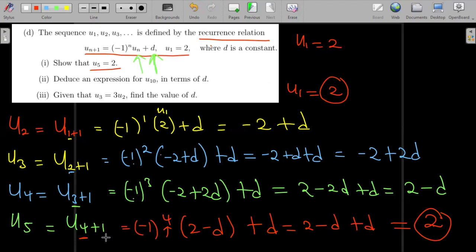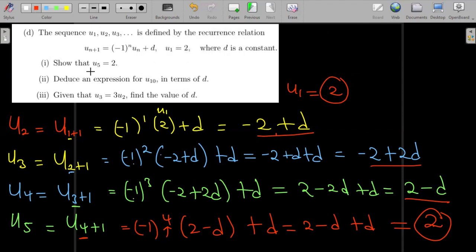It means U6 will just be this. U7 will be this. U8 will be this. And then U9 to be 2 again, to start repeating again. U10 will just be this. So this is a repeating, or a recurrence relation. All right, so we've shown here that this U5 is actually equal to 2.